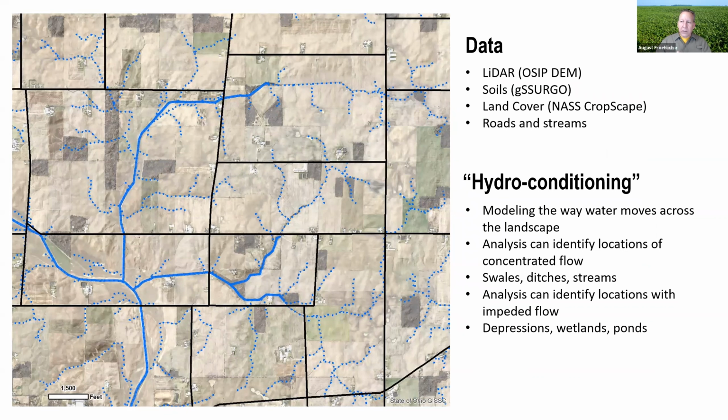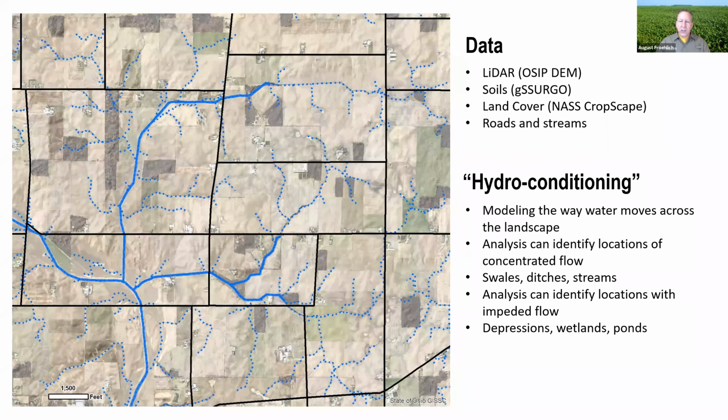ACPF uses a set of standard, widely available data for the most part. It requires the use of a high-resolution elevation model. In Ohio, we use LiDAR that was developed by the state of Ohio, but the tool also allows the use of the gSSURGO soils data from the USDA.